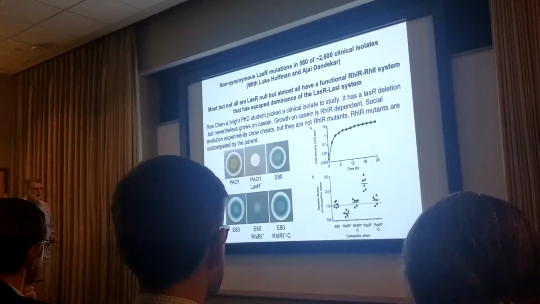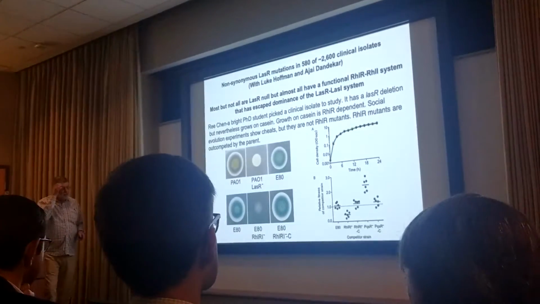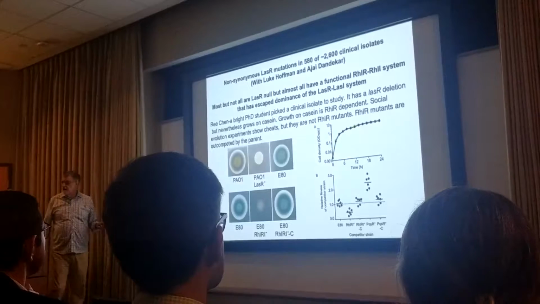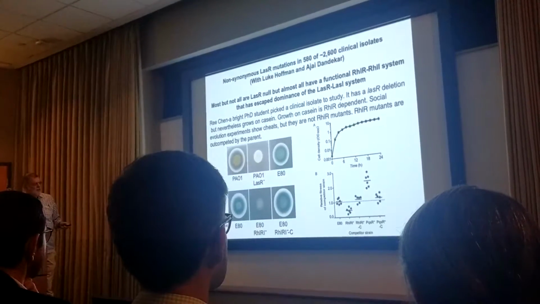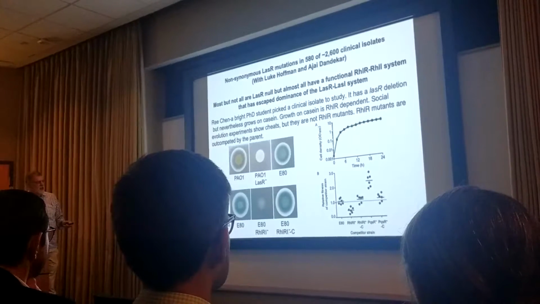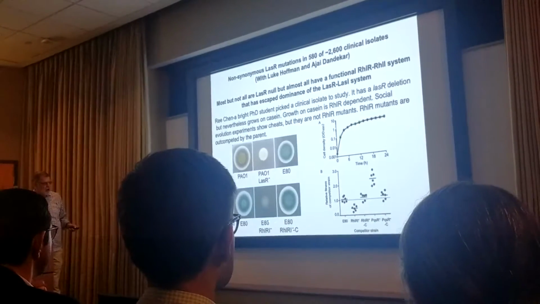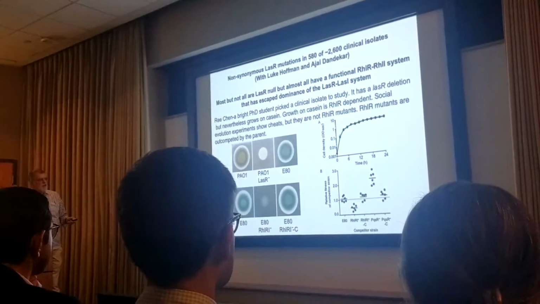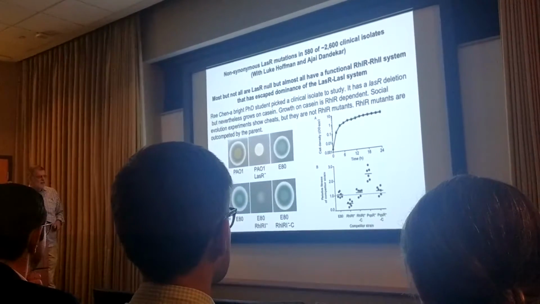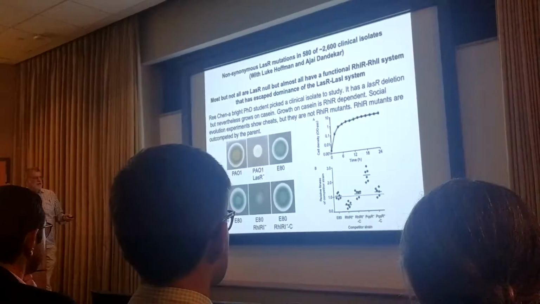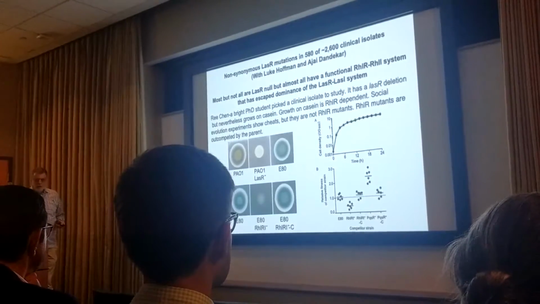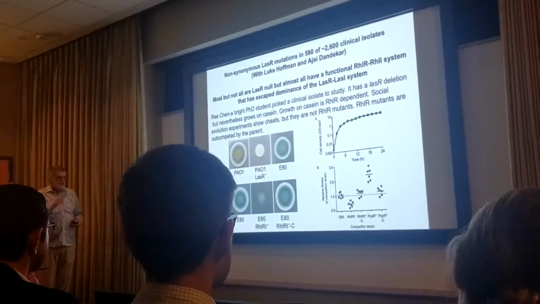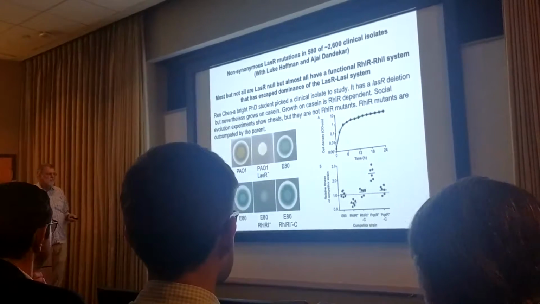She can complement that. So over here is just showing that the wild type E80 and this REL-R-I mutant grow equally well in culture. This is in standard LB broth. But if you compete them, the wild type wins out.